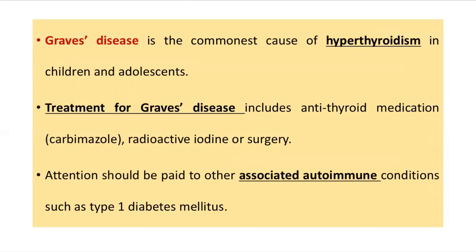Graves' disease is the commonest cause of hyperthyroidism in children and adolescents. Treatment includes anti-thyroid medication, carbimazole, radioactive iodine, or surgery. Attention should be paid to other associated autoimmune conditions such as type 1 diabetes mellitus.